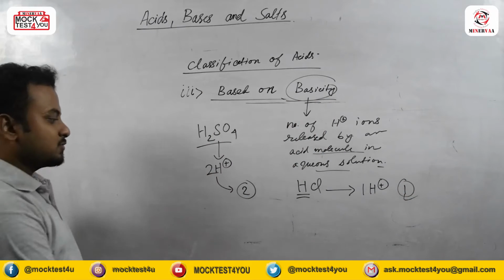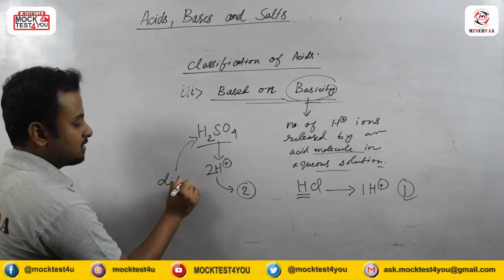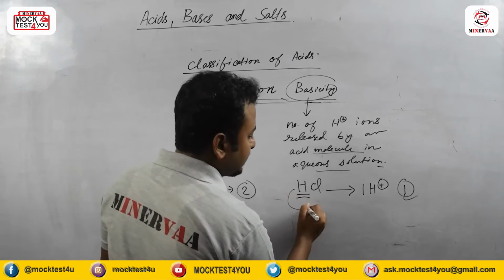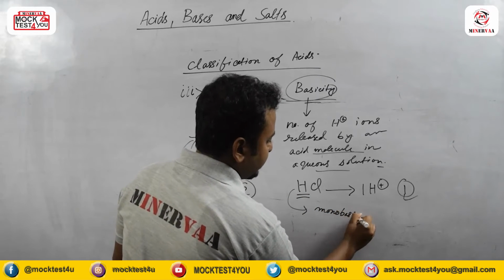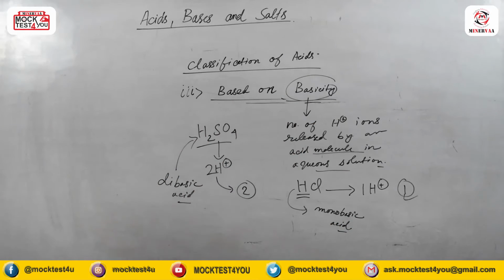So H2SO4 is a dibasic acid, and HCl is a monobasic acid, right? Some acids are tribasic acids.